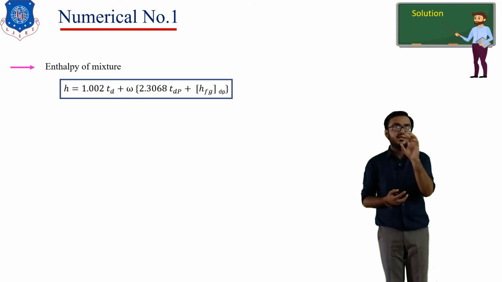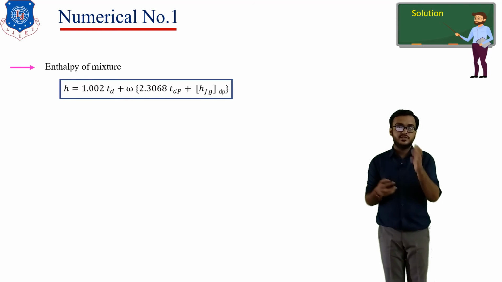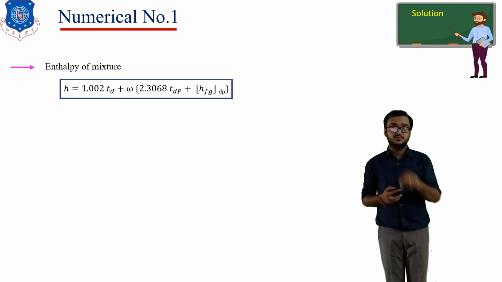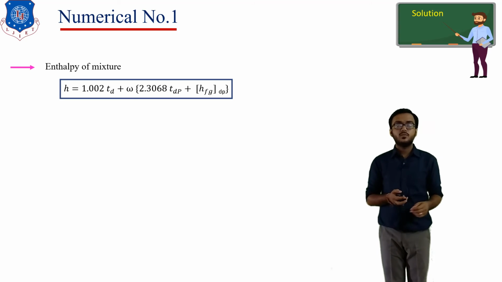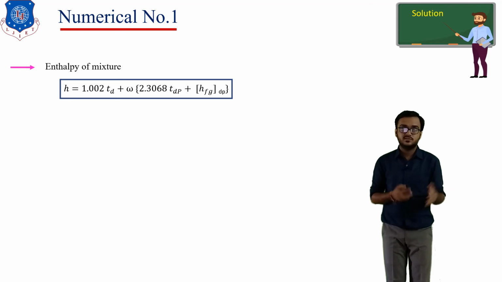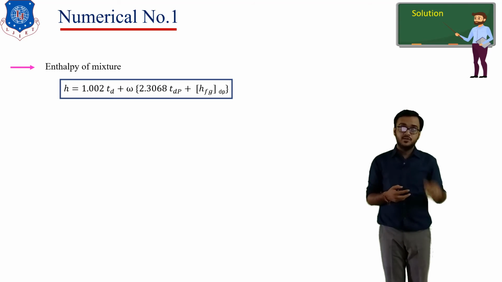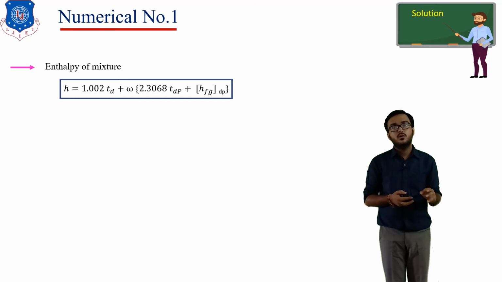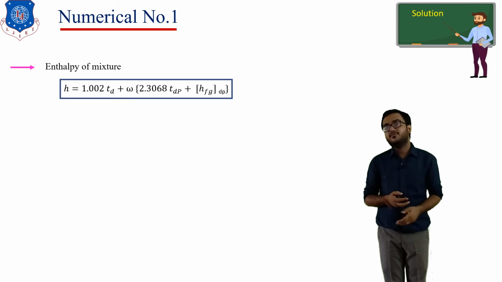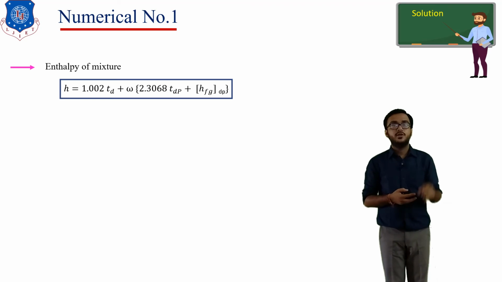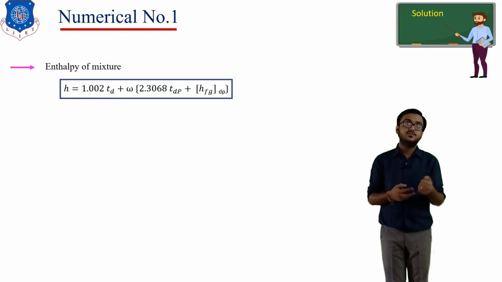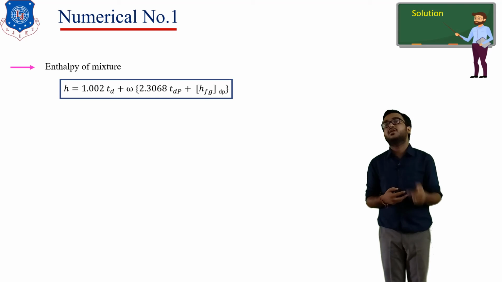Particularly the enthalpy of the wet region, because here I have mentioned hfg. FG stands for the wet region on the TS diagram. We have the dew point temperature and the value of specific humidity omega with us. Just substitute these values and identify the value of h. In this equation, you also need to observe the value of hfg from the steam table at dew point temperature.